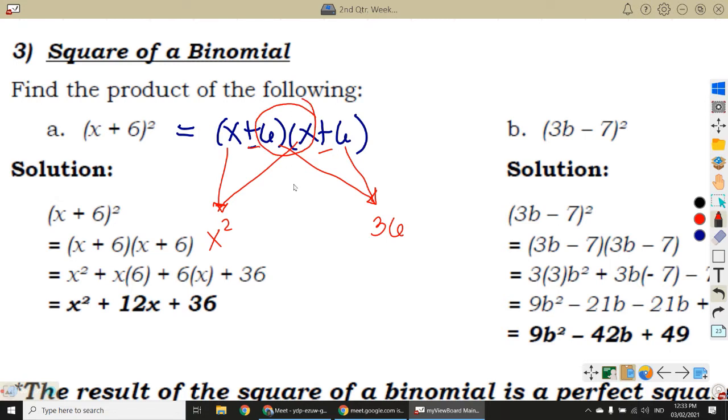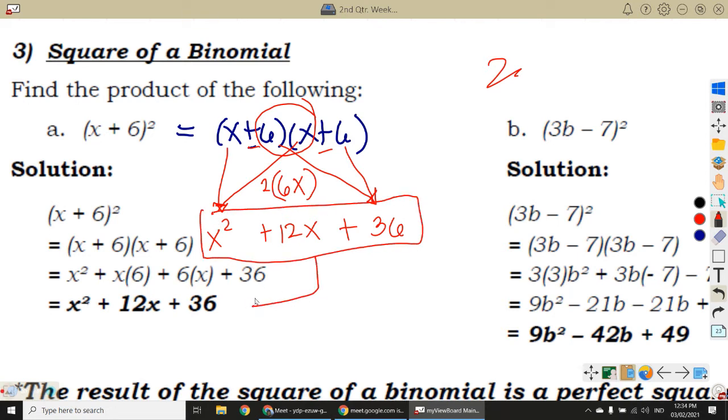This is 6x. 6x times 2. Laging times 2, constant yun. That will be the middle term. Okay? We multiply ang inner terms and then times 2. This is the final answer.